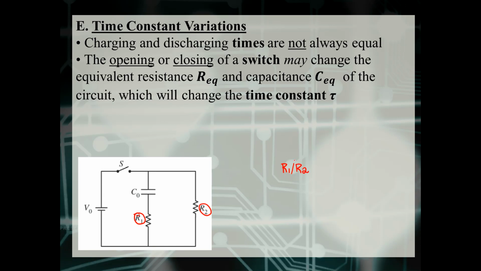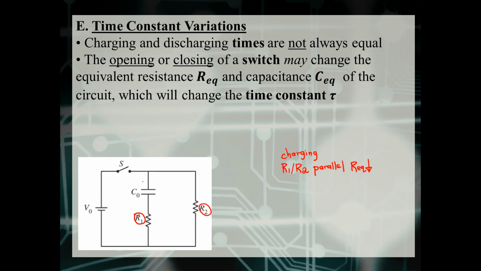This is when we're charging. Components of them are in parallel. If you have resistors in parallel, that causes the equivalent resistance of the circuit to go down. So that's when the switch is closed.